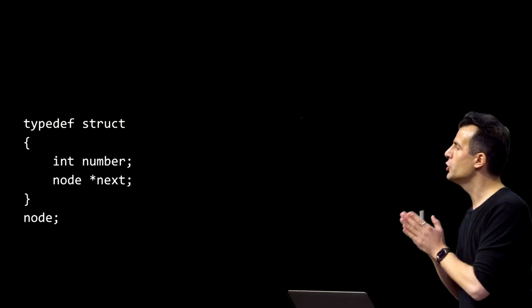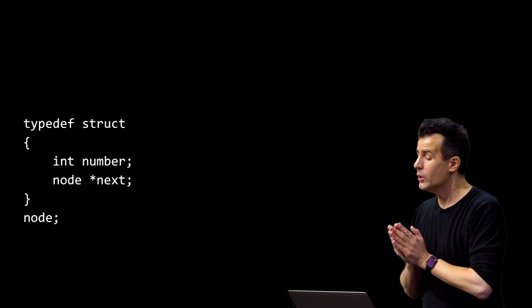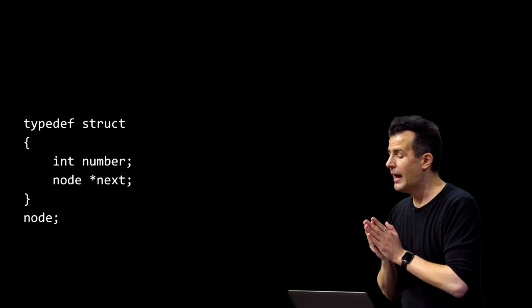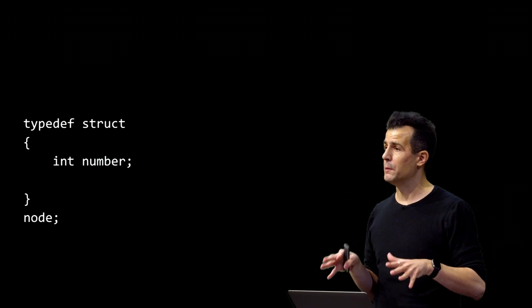But there's a subtle problem here in C. Recall that in C, it's kind of a simplistic language, complicated though it might often seem, in that it doesn't understand anything that it hasn't seen before. So at the moment, notice that the very first time I have mentioned node up until now was on the very last line of this snippet of code.